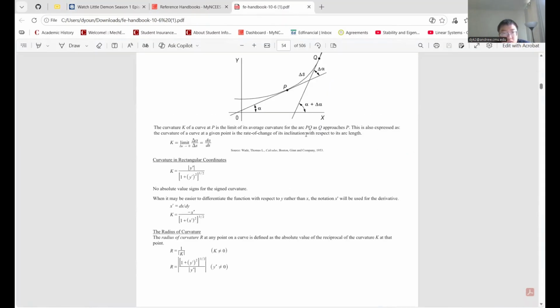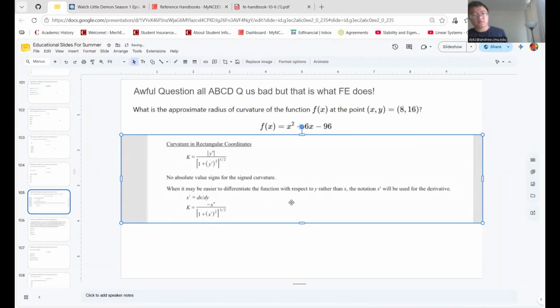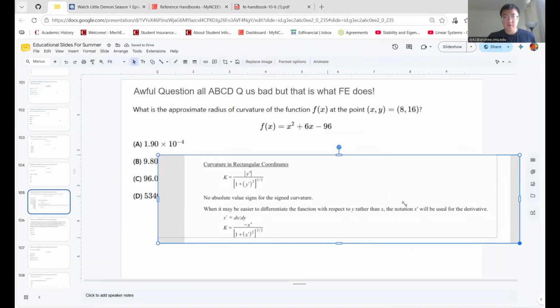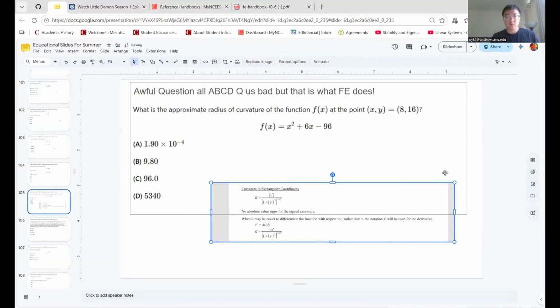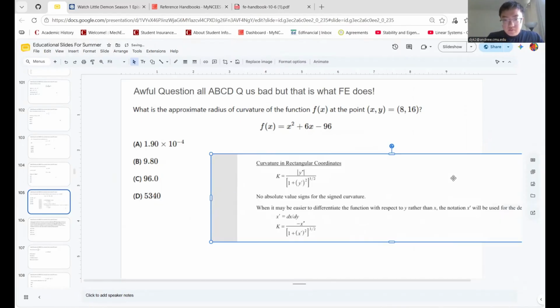They know f of x, so is the f of x version rectangular? It is rectangular and it's not polar, so yes, it's the first one over here, radius of curvature, in this format. If you look over here, we know that denotes x, y.